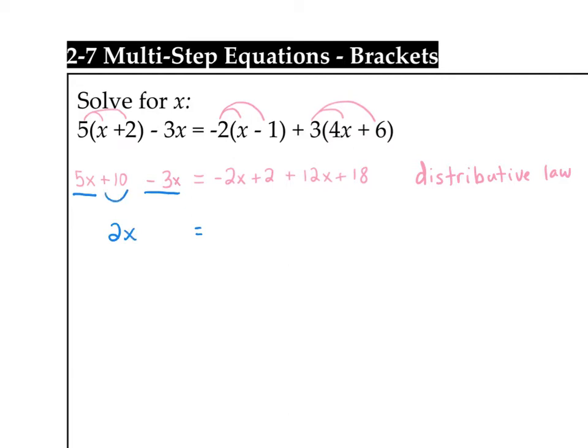And the constant 10 has no other constant to collect with, so it stays 10. On the right, the x terms are negative 2x plus 12x, and that becomes 10x. And for your constants, positive 2 plus 18 is positive 20. So that step is to collect like terms.